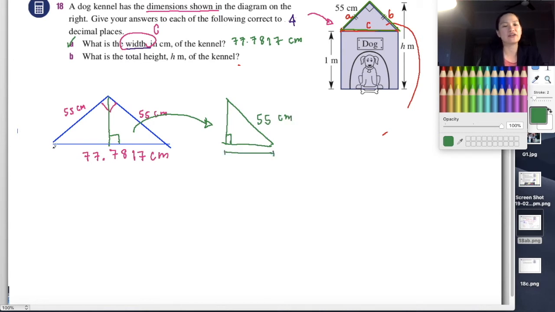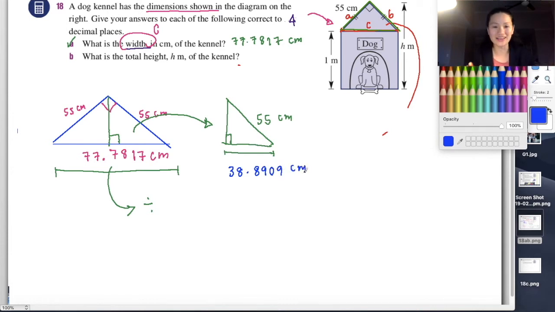I know that the width of all of this is 77.7817. What I do here, I just divide this number by 2. The answer turns out to be 38.809 centimeters.